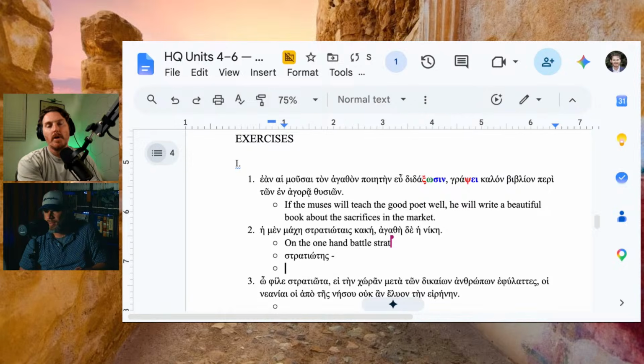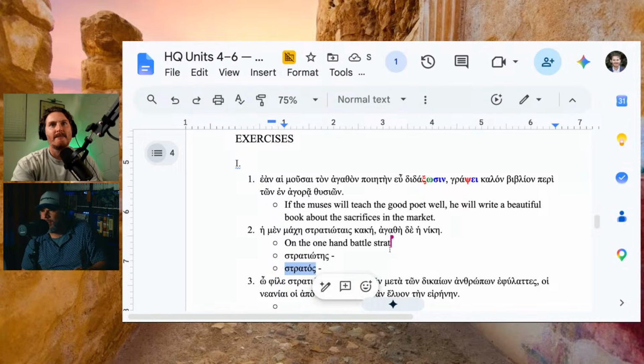No. Well, our word strategy comes from Greek, right? Our word strategy comes from stratos, which means what? I don't know. A stratos is an army, and a stratiotes is armies. No, it's a different word, right?